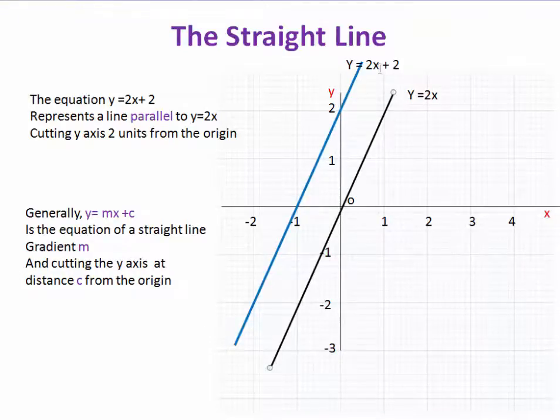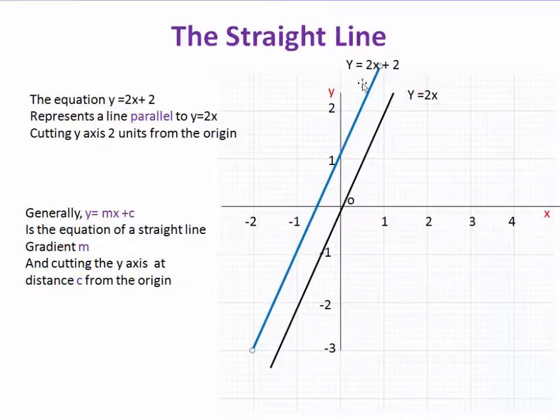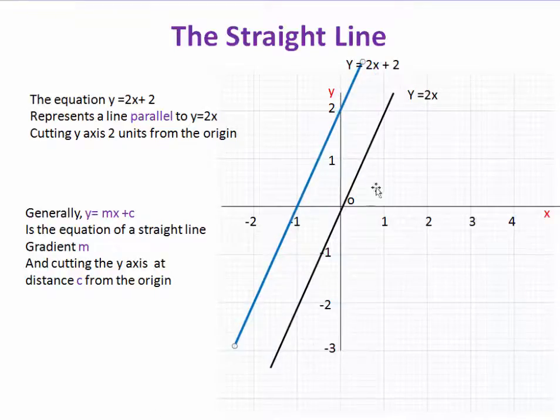So remember this was y equals mx if it went through the origin. If it goes through the y-axis at a point, then it's plus 2. If it was over here, it'd be plus 1. So this would be y equals 2x plus 1. Now, let's move this back to plus 2, y equals 2x plus 2. Lines are parallel.